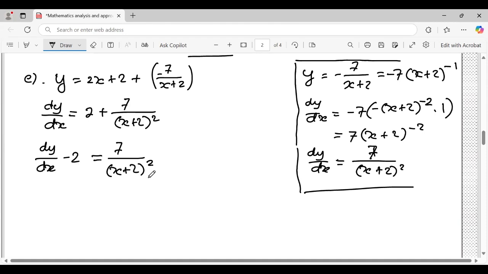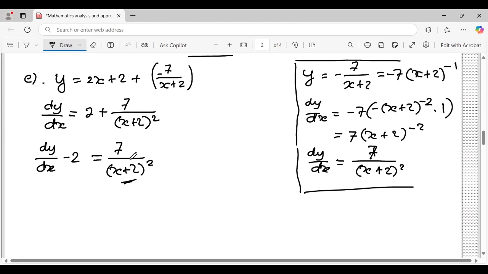For this, the expression 7 over (x plus 2) squared should be greater than 0. It is impossible for it to be less than 0; if less than 0, the result will be minus.